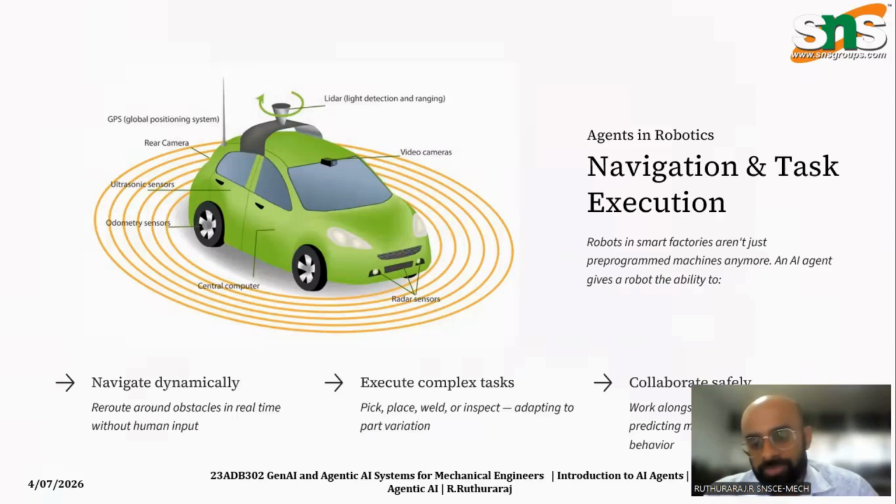Then come the autonomous vehicles. This is a very interesting and current topic where AI agents are used. You would have seen Google taxis and similar self-driving cars. They navigate based on a self-supervised method, working on rewards and penalties.